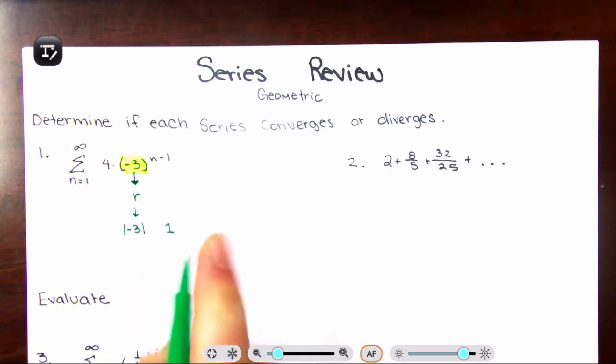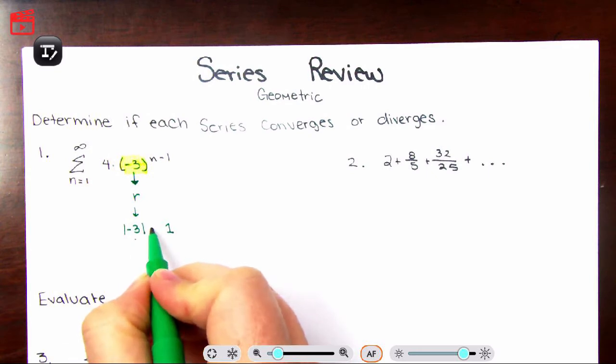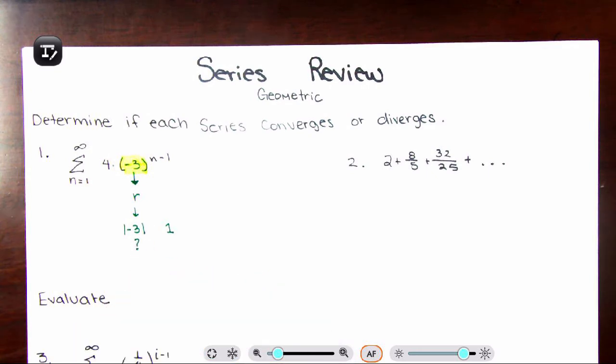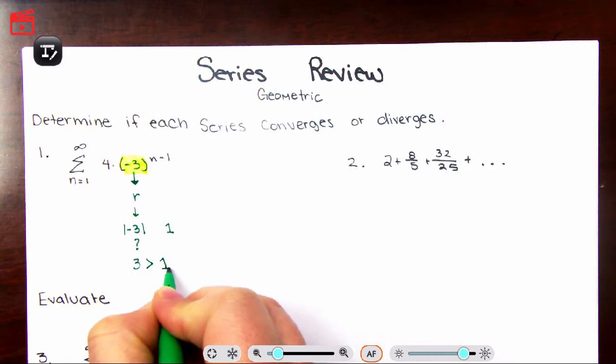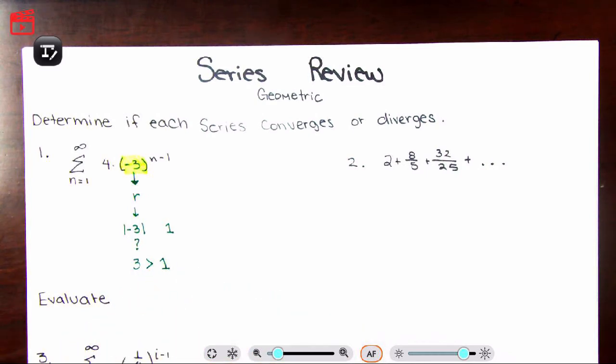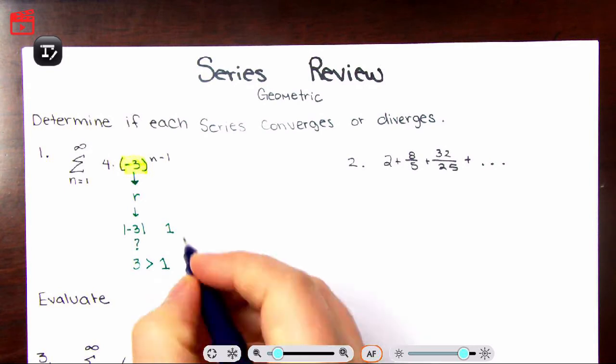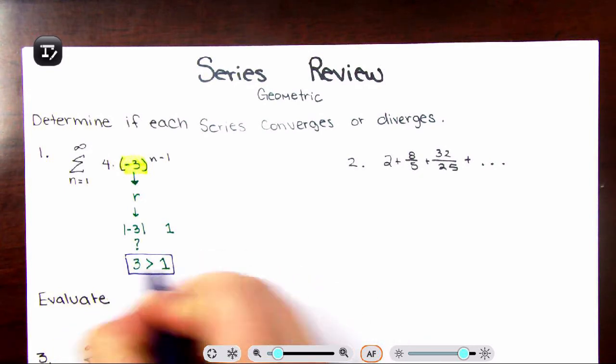And in this case, the absolute value of R, or in this case, -3, is 3. 3 is greater than 1. So based off of our cheat sheet that we have on our formula sheet, 3 is greater than 1. This means this converges. Excuse me, diverges. The sum does not exist. This means it diverges.